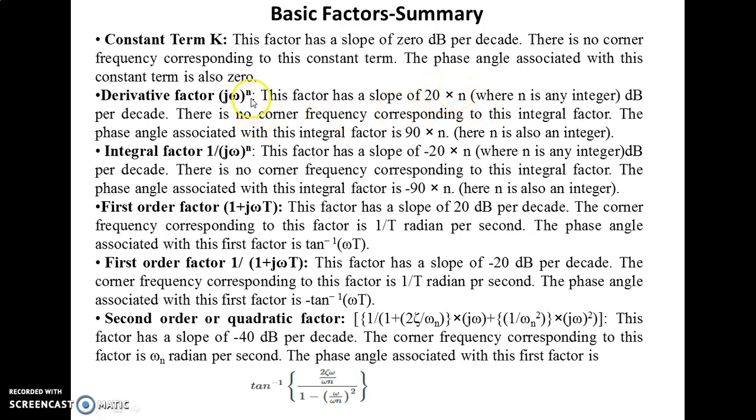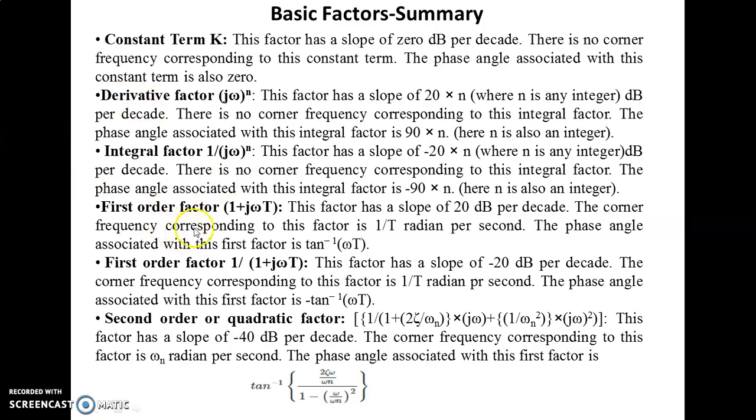If it is minus, it is an integral factor, so (j omega) to the power minus n, that means 1 over j omega to the n, and at that time you will get minus n into 20 as the slope. So for these two factors, s or 1 by s, there are no corner frequencies. They only have a phase angle.